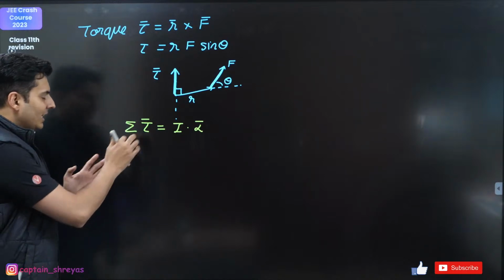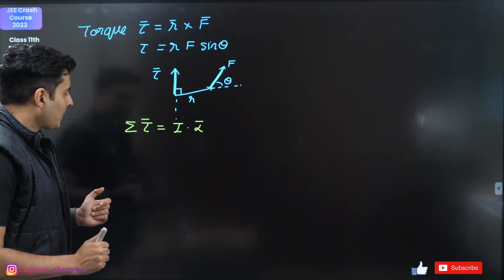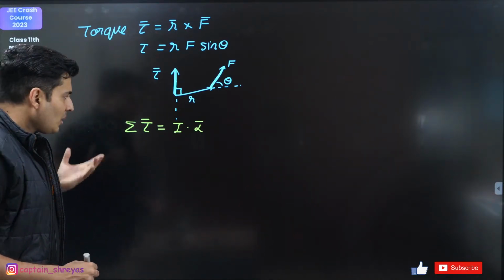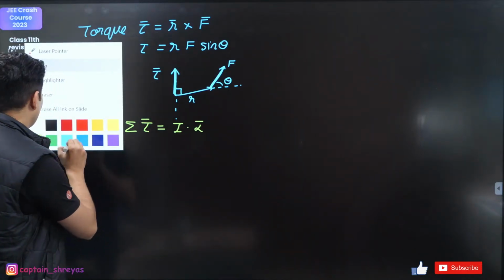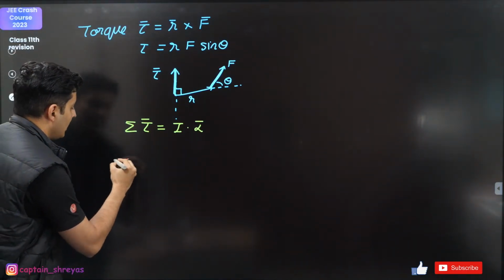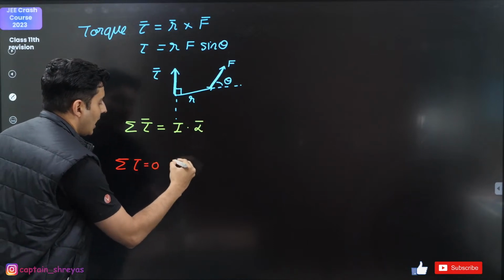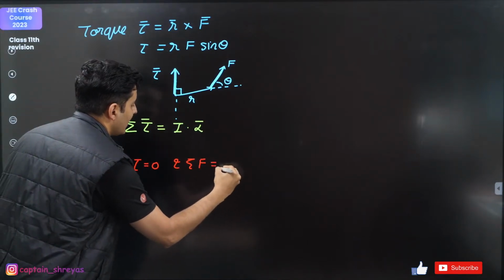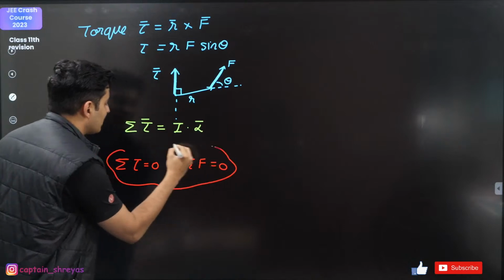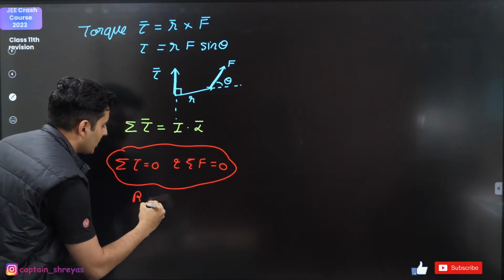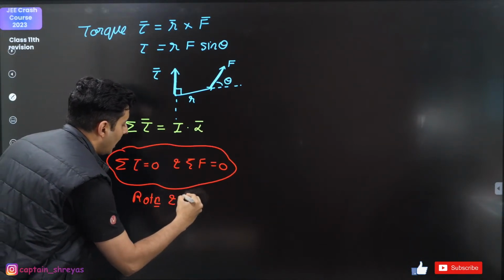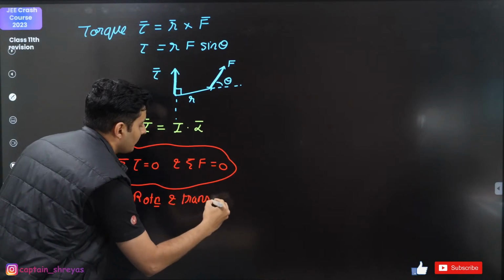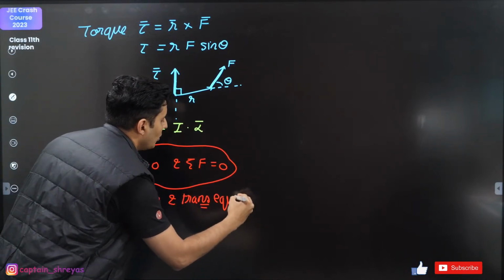Next important thing is that whenever you see that the net torque is 0 and net force is 0, then that becomes the condition for rotational and translational equilibrium.